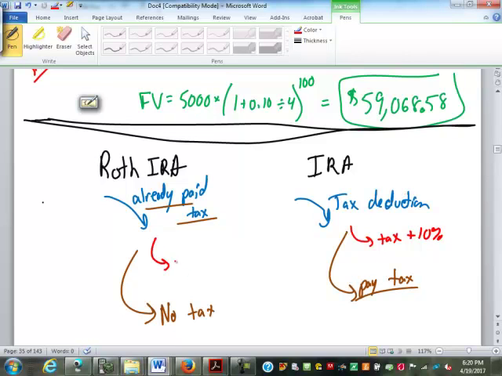Roth IRA, there is no penalty, no tax on principal. So what that means is you put in $5,000, it draws interest, 10 years from now the balance is like $12,000. You can still take out that original $5,000 you put in with no penalties. You just can't take out the interest.